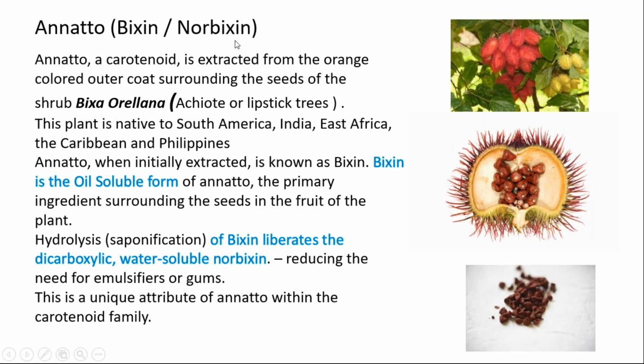Both bixin and norbixin give the yellow color. Because you can make norbixin from bixin, you don't need to use emulsifiers or gums for the uniform distribution of the yellow color in hydrophilic foods. This is a unique attribute of annatto in the carotenoid family.